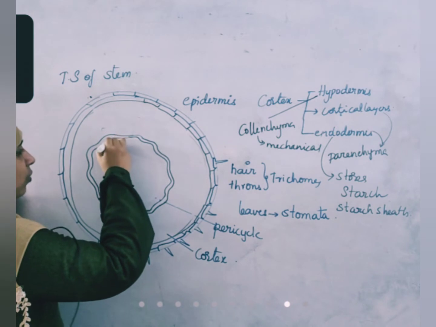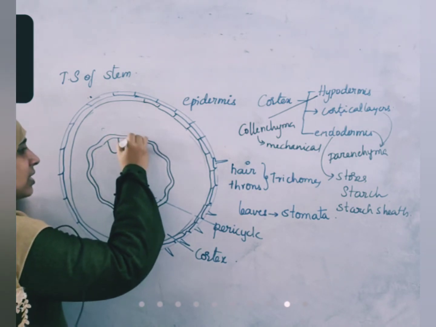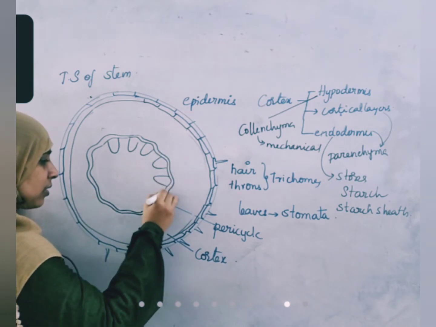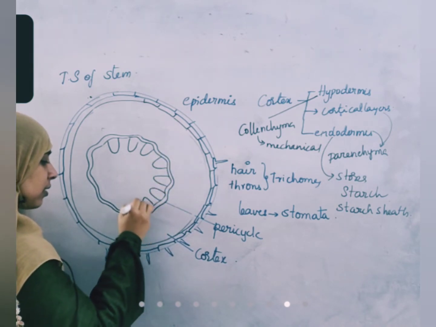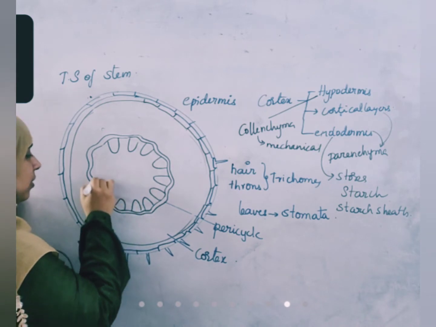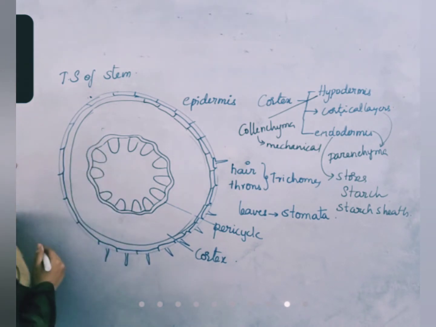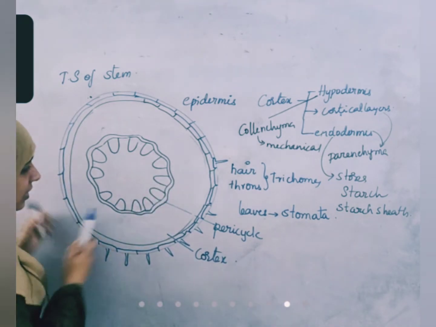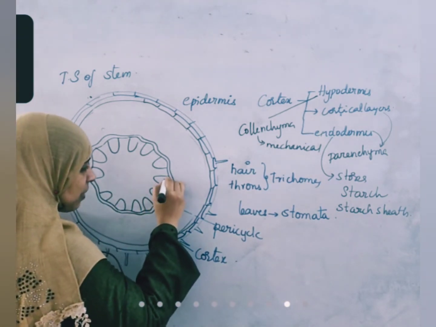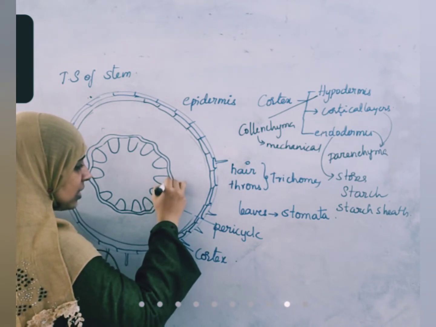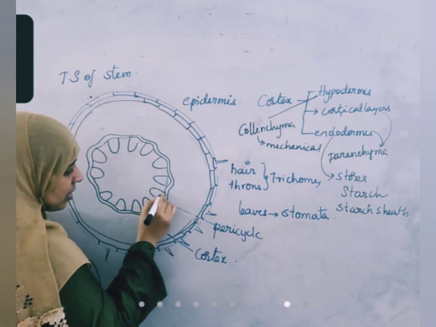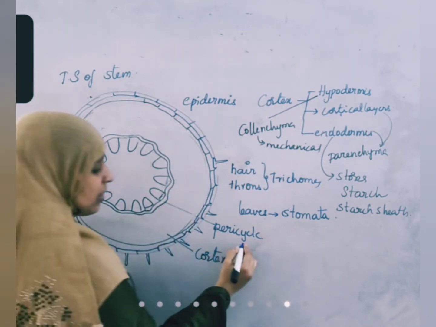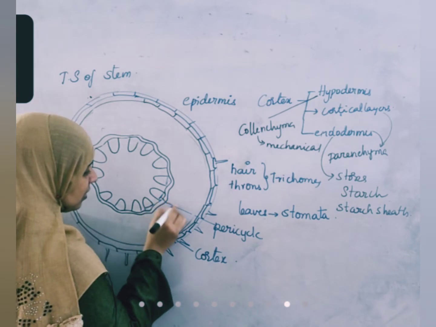And from here, what is starting? Our vascular bundles will be there. Just above the vascular bundles, this layer is called pericycle.